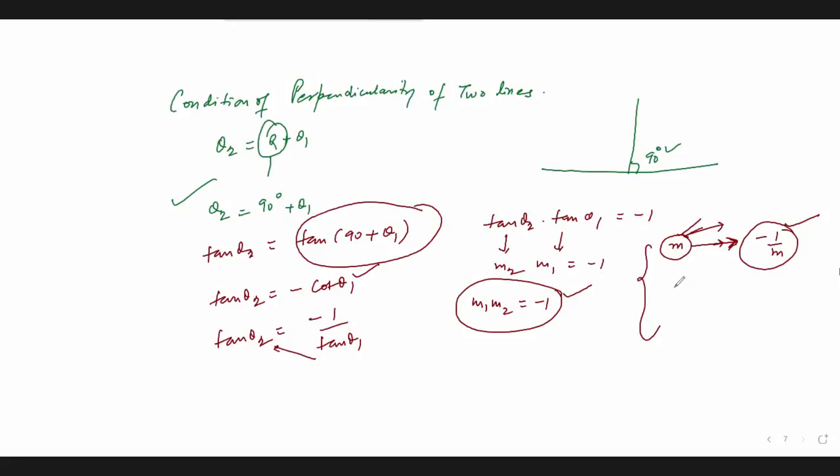So if I give you the slope of a line as 2 by 3, what will be the slope of a line perpendicular to this line? It will be minus 3 by 2. You take the reciprocal and put a negative sign before it, because we know the condition that m1 into m2 is equal to minus 1, then both the lines are perpendicular to each other.